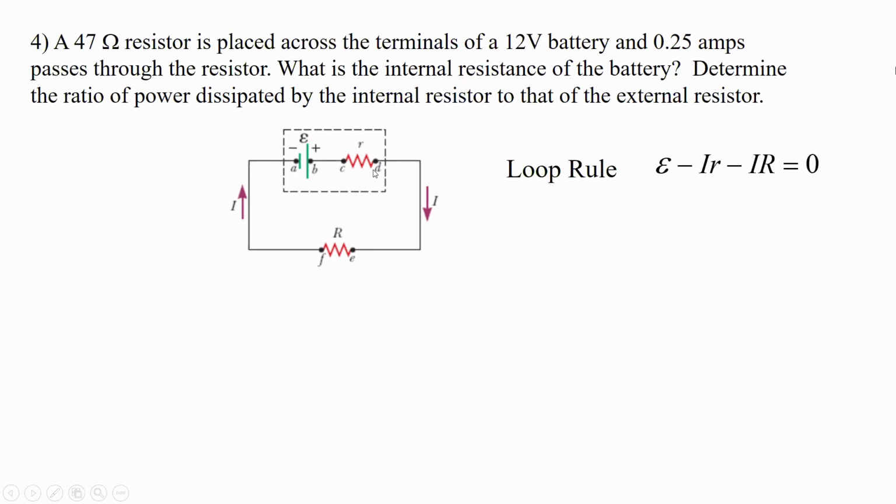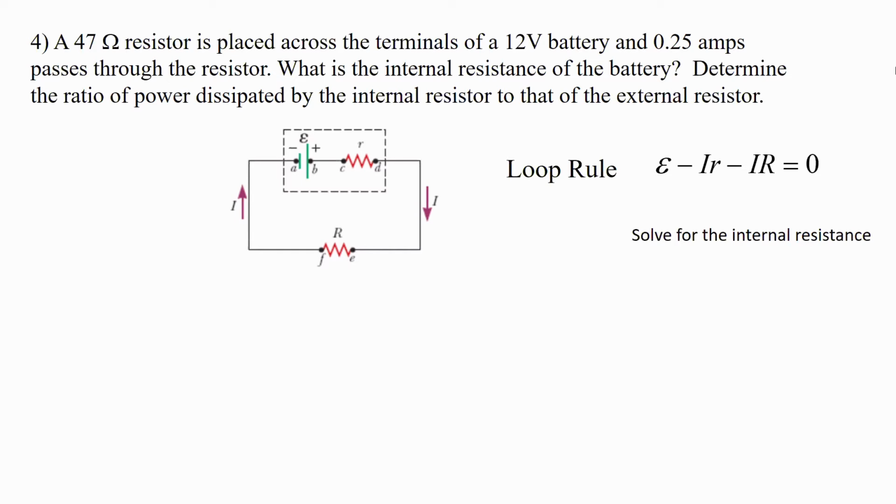As the current exits the positive side of the terminal, it goes through big R, and the potential drop across big R is minus I times big R. And the sum of that must equal 0.